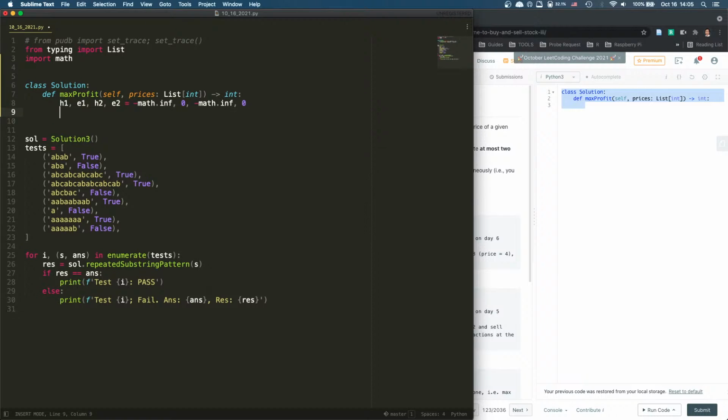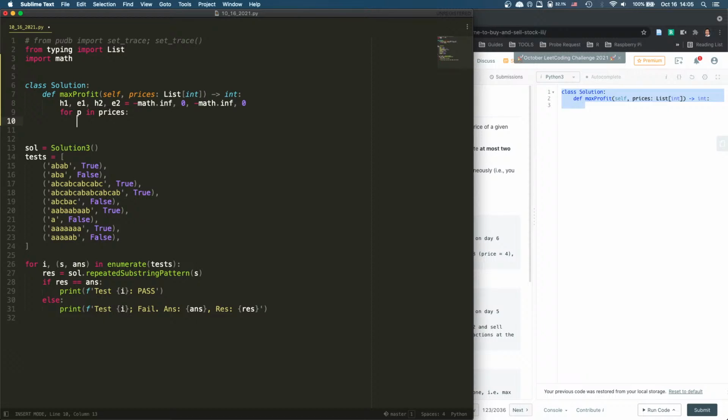And then I'm going to say for P in prices. So H1 can only get from itself, or we set it to minus P, because for hold 1 we're buying it, but not from any source. So we say H1, E1, H2, E2.